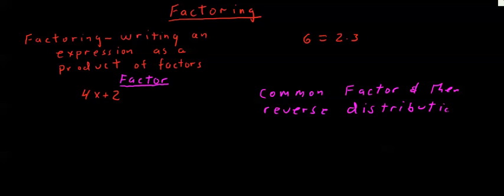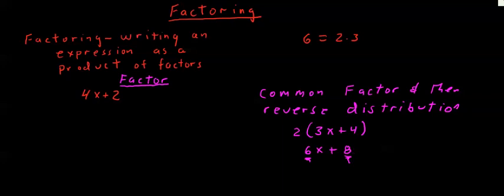If you think about distribution, 2 times the quantity 3x plus 4, when we distribute, we get 6x plus 8. 2 is a factor of 6. 2 is a factor of 8.